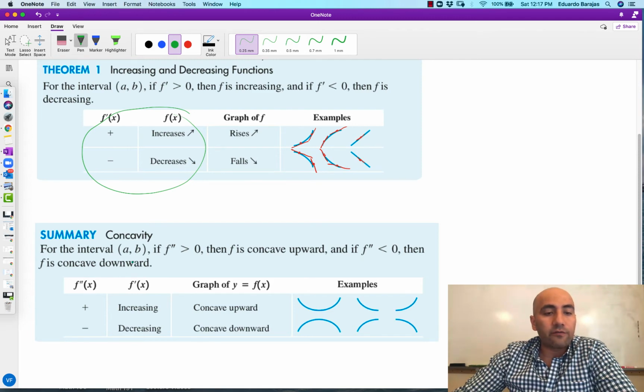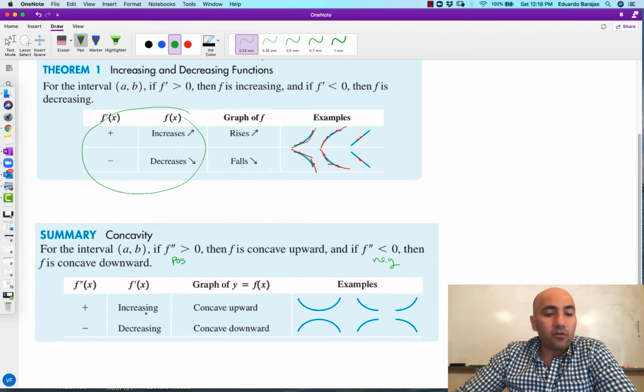Okay, so for an interval from a to b, if the second derivative is greater than 0, meaning that the second derivative is positive, then f is concave upward. And if the second derivative is less than 0, negative, then f is concave downward. In other words, we just kind of cut out the middleman.